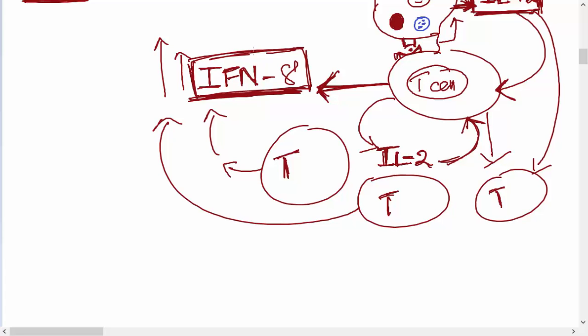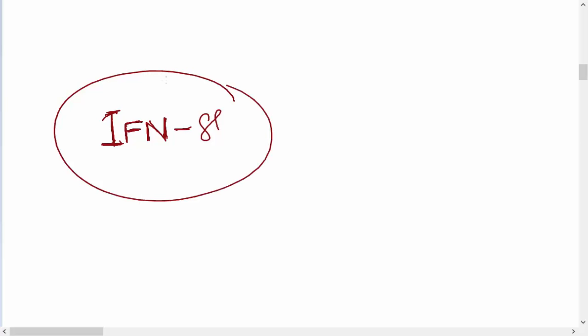You understand? So this interferon gamma is very, very important. You all know why it is important? They will bring more macrophages, and there are two other most important mechanisms which involve interferon gamma.